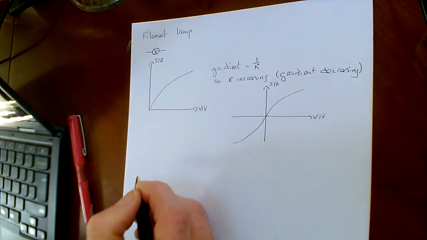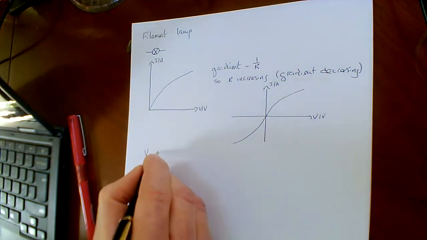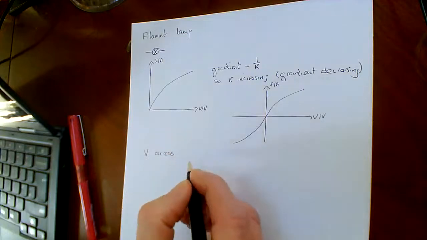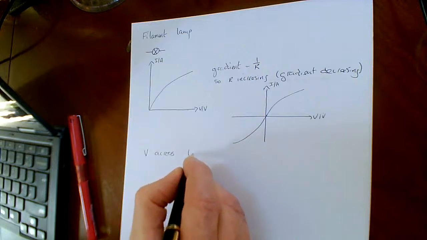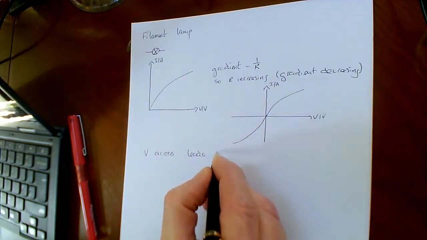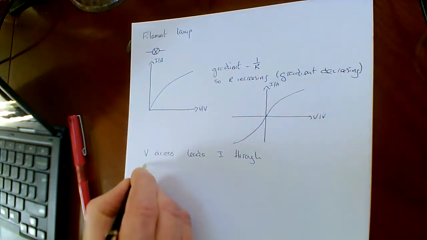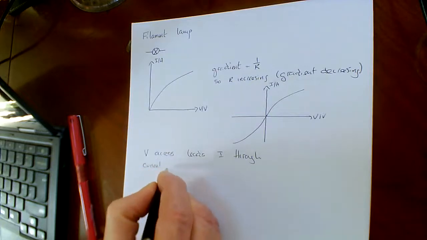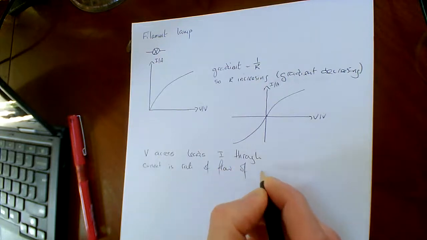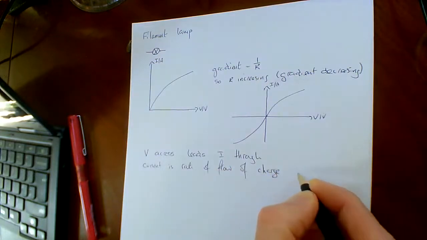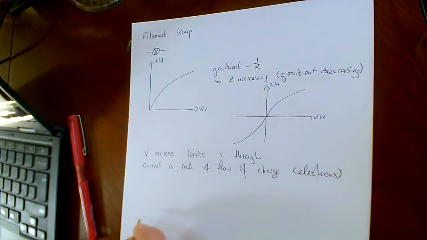Well, we said last time that when you put your PD across your component, your lamp, your resistor, your wire, whatever it may be, that gives us a current through the component. Now the current is the rate of flow of charge, which means the rate of flow of electrons, because it's electrons that are carrying the charge.